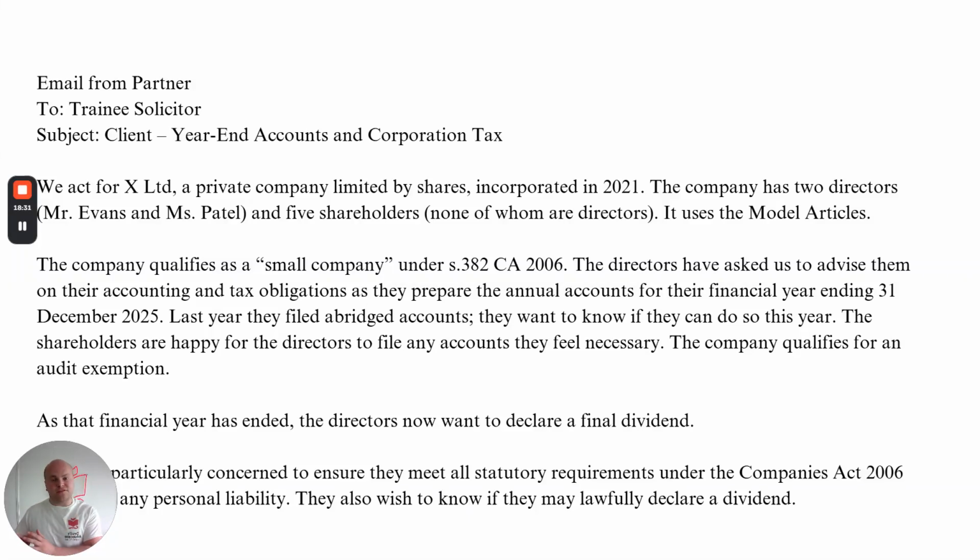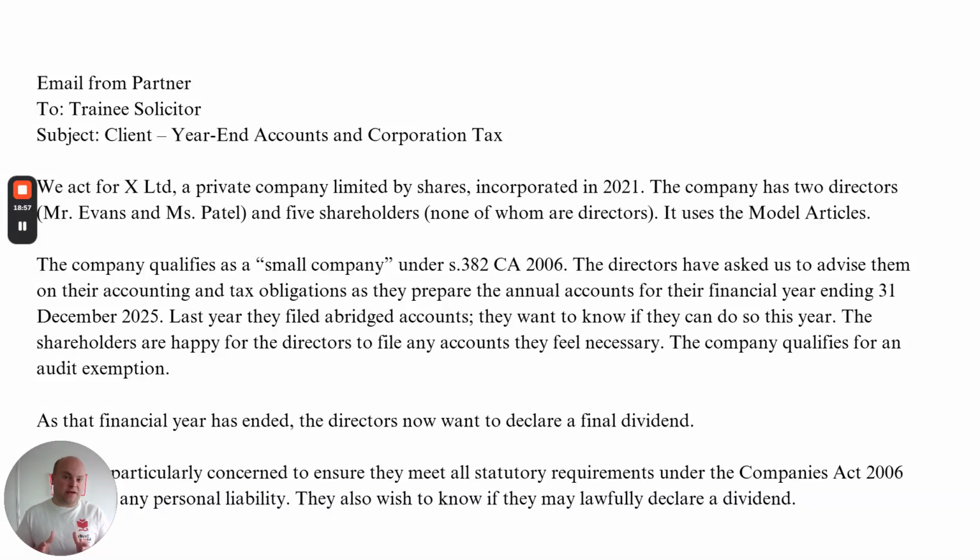At the smallest end, you've got the micro entities, then you've got small, medium and large, and separately you've got public companies. You do need to be aware of the thresholds for each of these. It's a bit of a pain, but I do recommend learning those. In particular, you should have an understanding of the difference in the accounting and filing requirements of micro entities, small companies, and then going on to medium, large, and public.